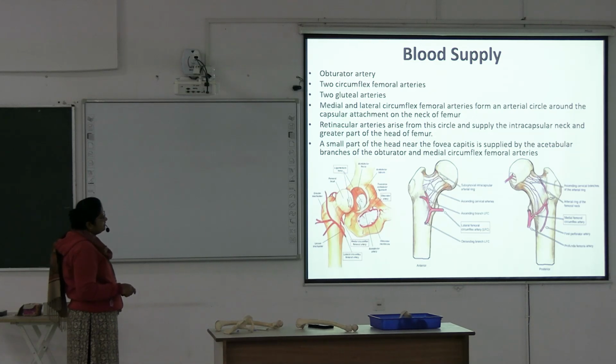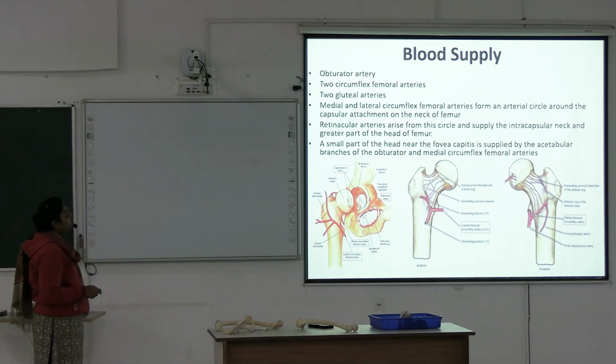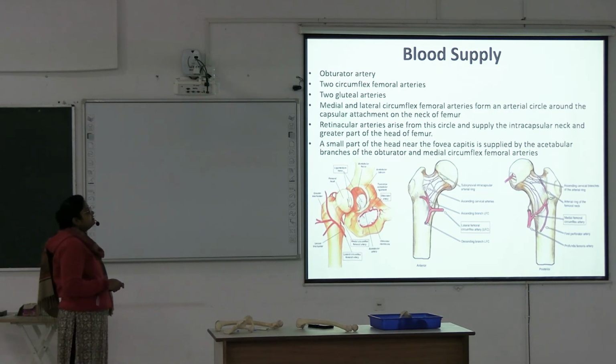These thin arteries arising here supply the head and neck of the femur. These retinacular arteries supply the intracapsular part of the neck and the greater part of the head of the femur. A small part of the head near the fovea capitis is supplied by the acetabular branch of the obturator and medial circumflex femoral artery here.